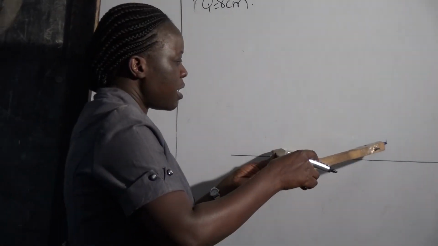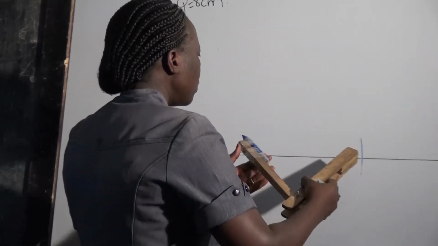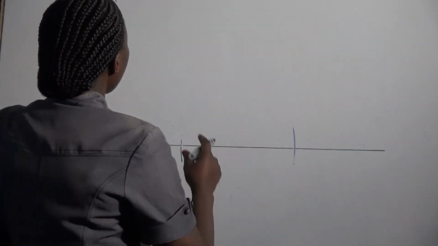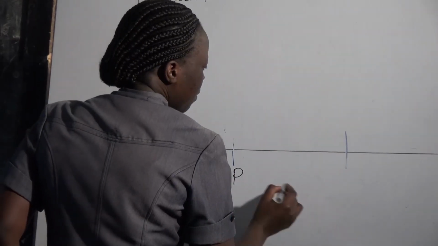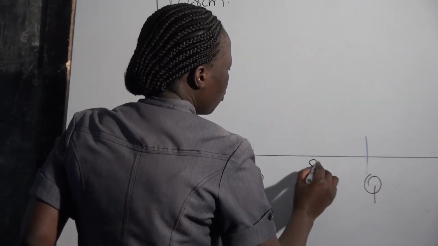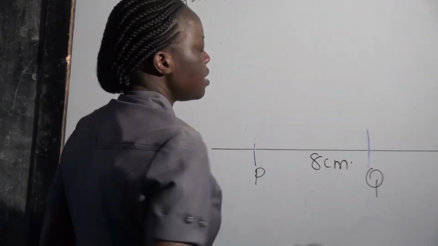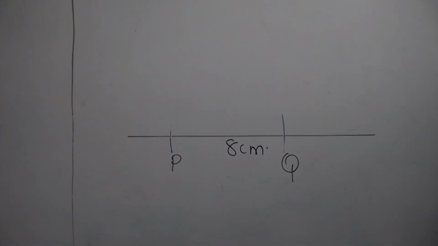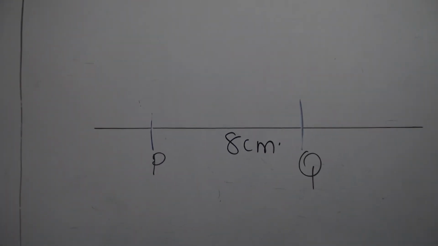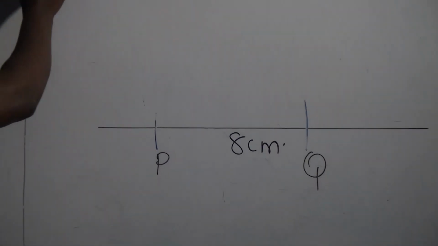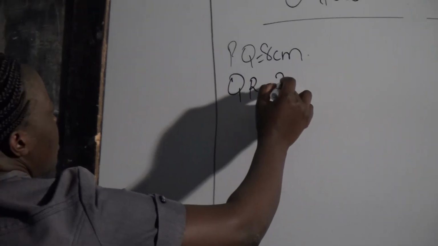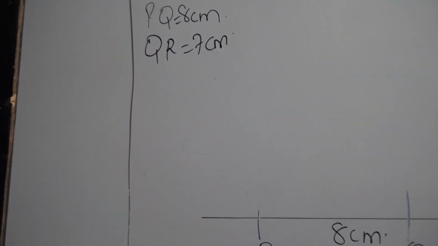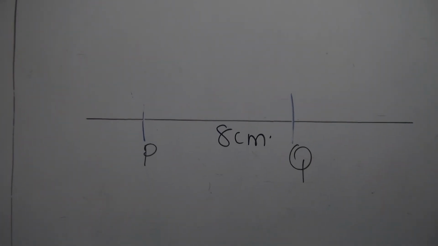Then make an arc. So I'll take this as my PQ. How many centimeters? 8 centimeters. After that, what do I want? I want QR. QR equals how many centimeters? 7 centimeters. Measure your 7 centimeters from the ruler.